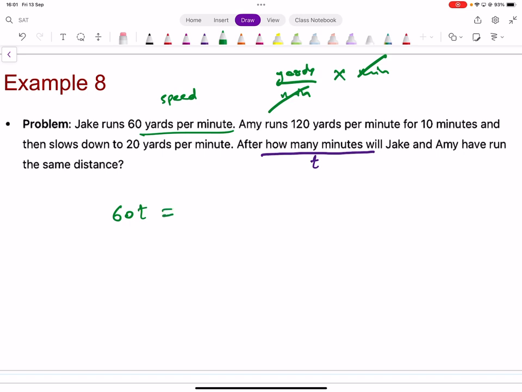What about the distance run by Amy? 120 into 10 plus 20T. Okay. There's a small issue.